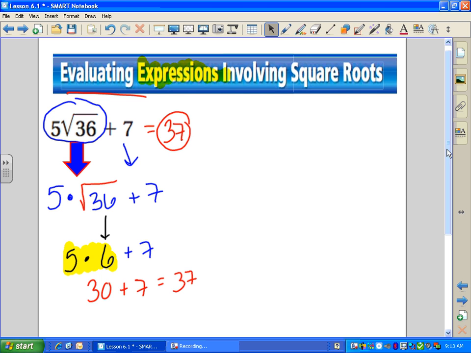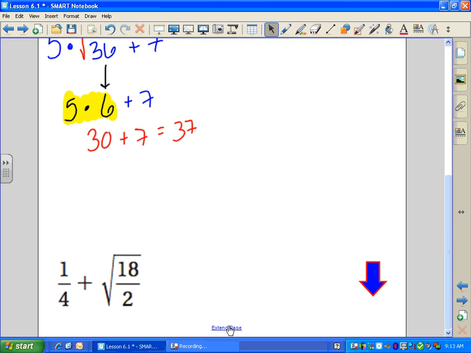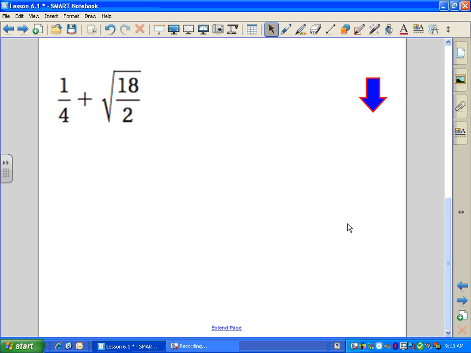All right, one more, peeps. You're doing an excellent job. Hang with me. I have 1/4 plus the square root of 18 divided by 2, or 18 halves. A couple different solutions. First thing I'm going to do is I'm just going to say, hey, 18 over 2. That really means 18 divided by 2. 18 divided by 2 gives me 9.